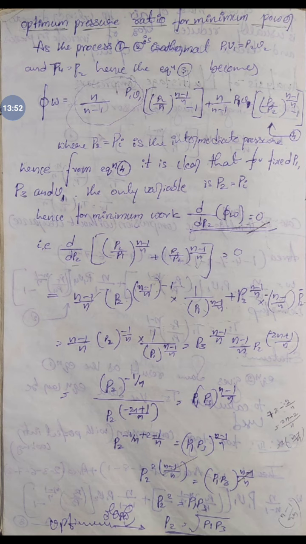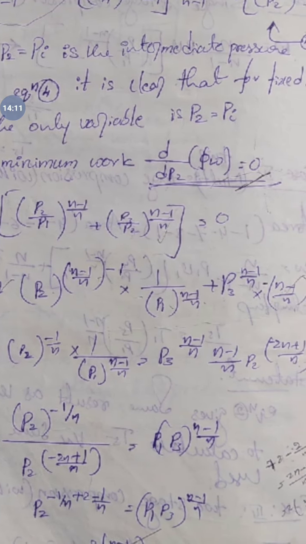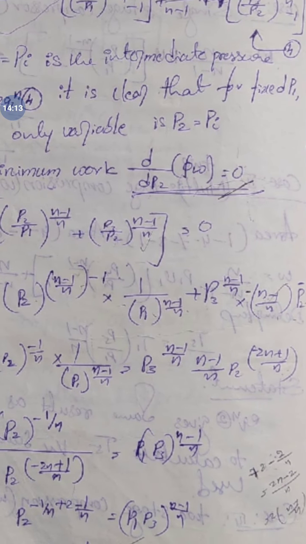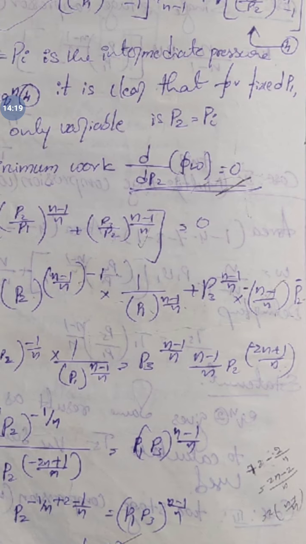Now further simplifying it, we will get (n-1)/n into P2 to the power of minus 1 by n into 1 by P1^((n-1)/n). If you take the second term to the other side, you will get it equal to P3^((n-1)/n) into (n-1)/n, P2 to the power of (minus 2n plus 1) by n.